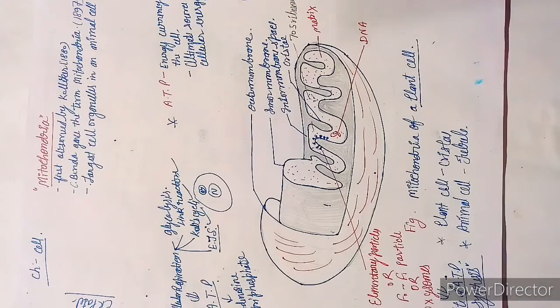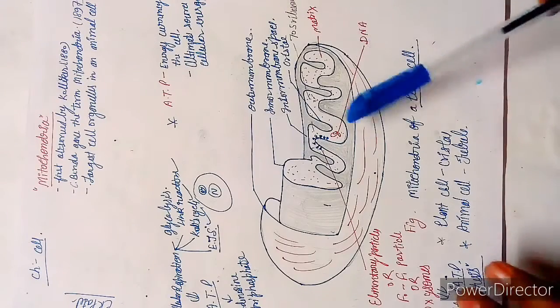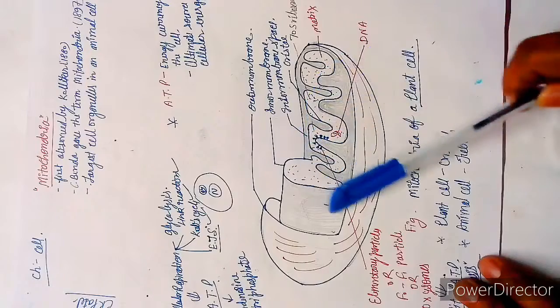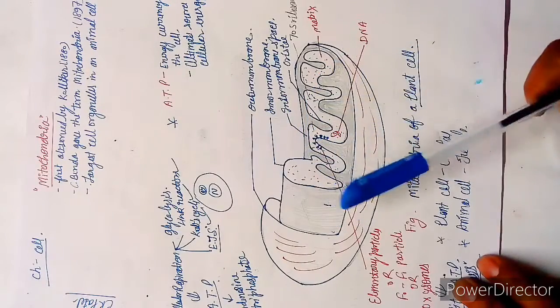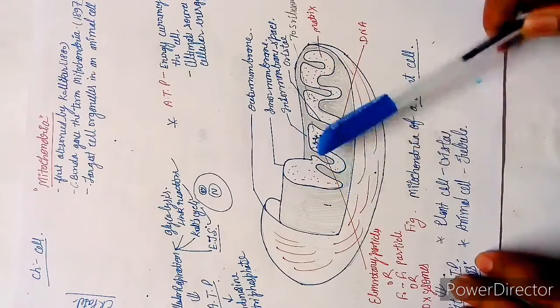In the last video, we discussed that plastid is the largest cell organelle, considering both plant and animal cells. Next, if you see the structure of the mitochondria, this is the diagram given in your class 11th NCERT.